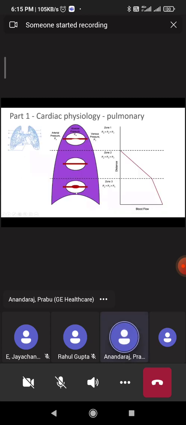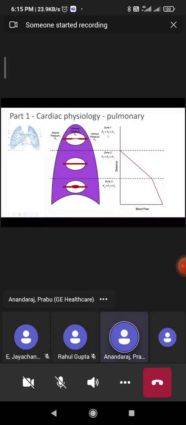Both these areas we call zone 1 or zone 3. This was put forth by a person called West, so it's also called the West zone. West zone A, B, or zone 1, zone 2, zone 3. For our discussion, you see what happens at the top.